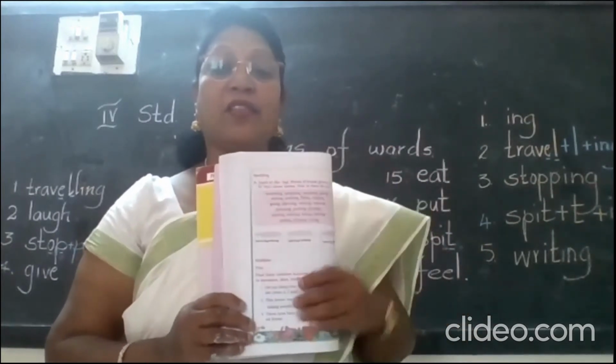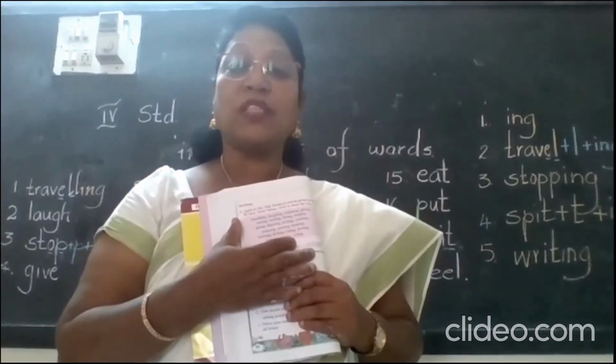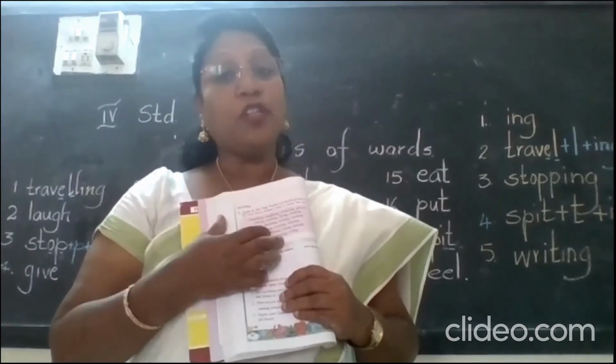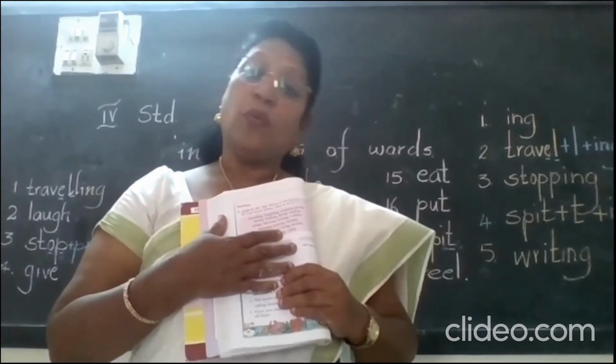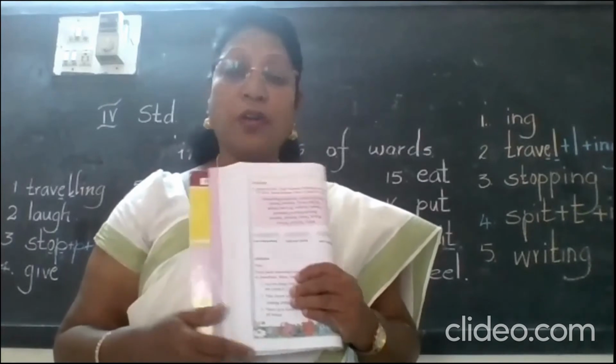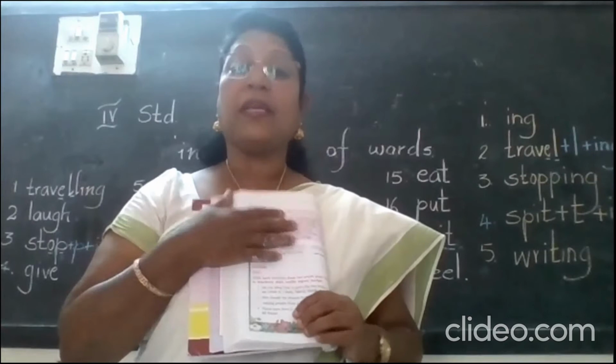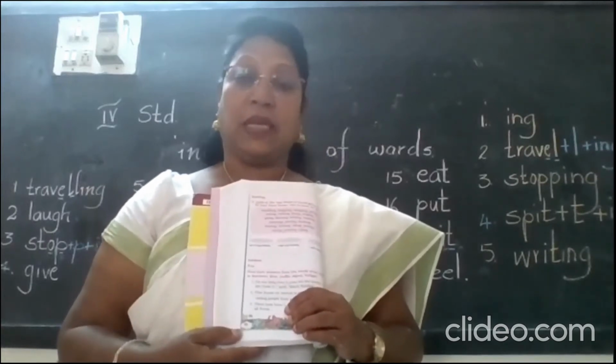And write in the 3 boxes where the words fit in. Understood, children? If you do it yourself, you'll understand whether you are able to do it or not. So this is which I had to explain from page number 66.